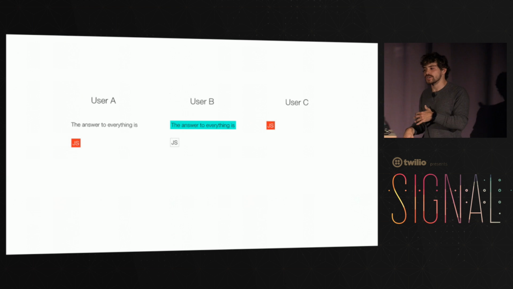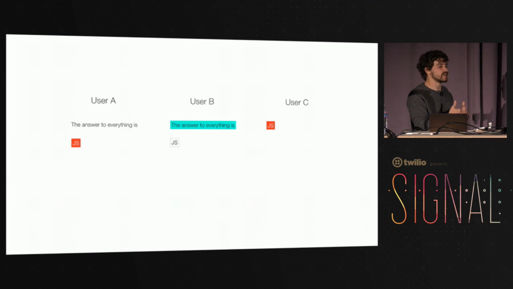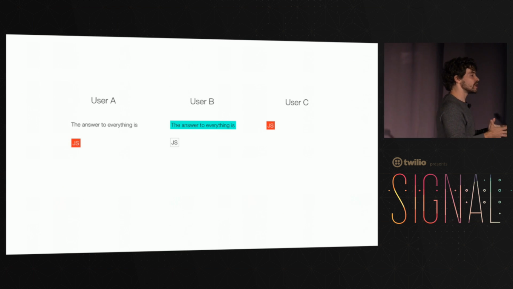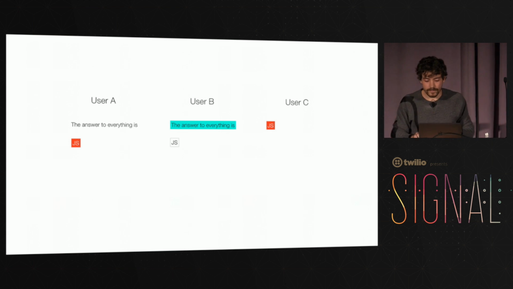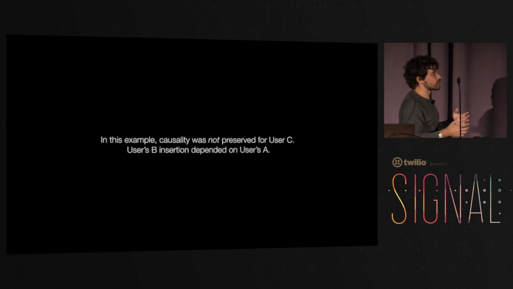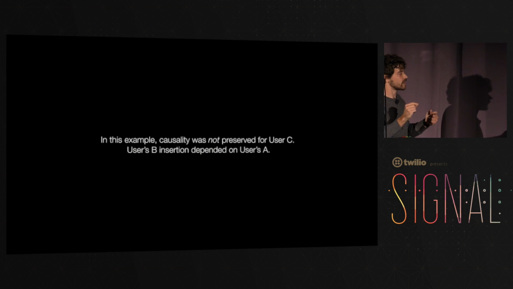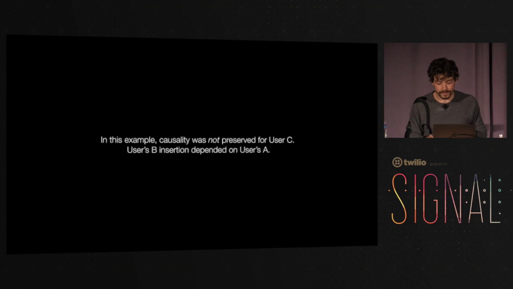So in the case of user C, it's not enough to get the latest message as soon as you reconnect. It's also important to make sure that when you get that message, you verify that the state that you were in at that moment is right to apply that new message on. So in this example, user C should have waited to get the messages that that new line depended on, that user A and user B actually had.